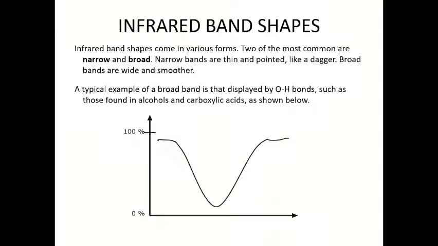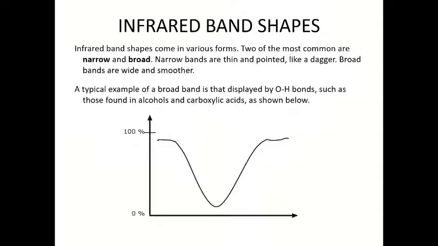The infrared band shape is another feature that will take our attention when analyzing an IR spectrum. They can be narrow or broad. Narrow bands are thin and pointed like a dagger, and broad bands are wide and smoother, right?